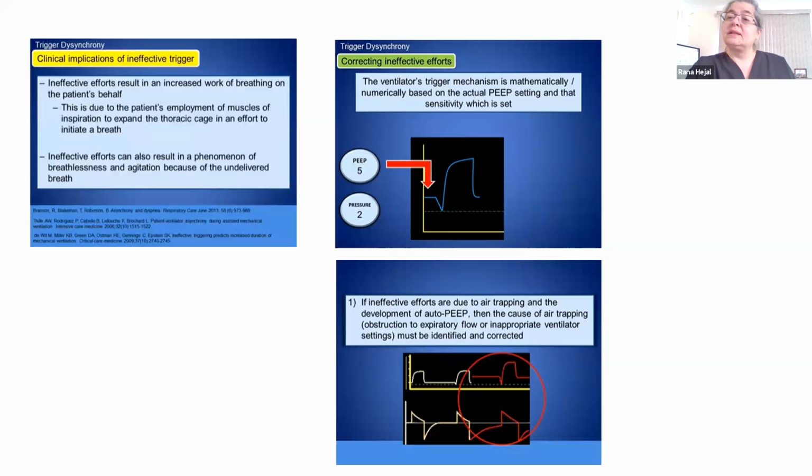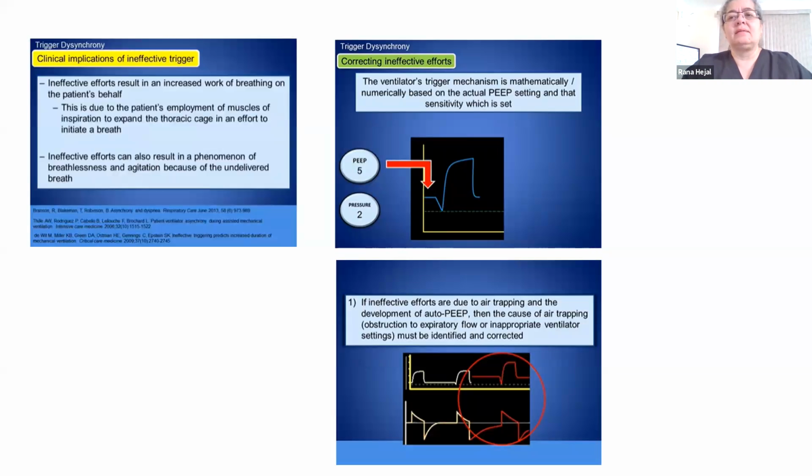Now, in special situations, particularly in patients with COPD or asthma, when they are actively ill, and they have an element of auto-PEEP, no matter how you adjust the sensitivity of the ventilator, the patient has to generate a much bigger pressure in order to be able to generate a breath.